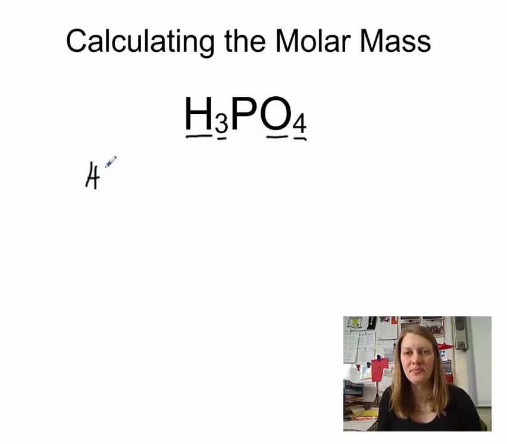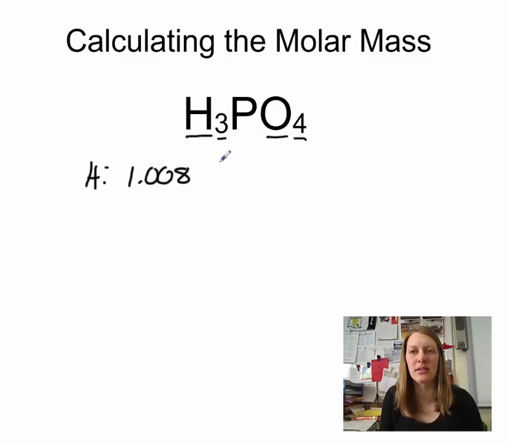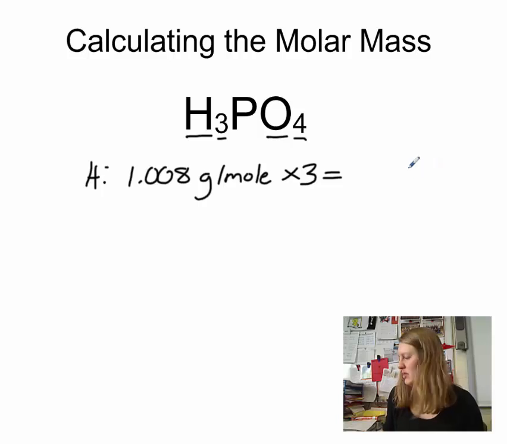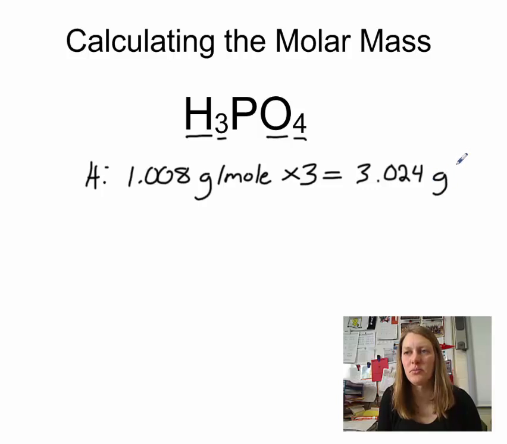So for hydrogen, the molar mass is 1.008 grams per mole. And since I have 3 of those atoms, I'm going to need to multiply this by 3 to get my total molar mass. Okay, so my total there, if I take out my calculator, is going to be 3.024 grams per mole.